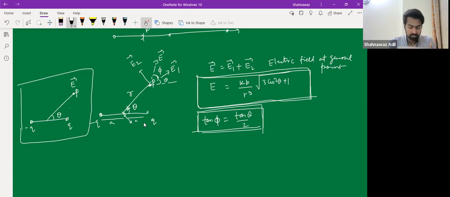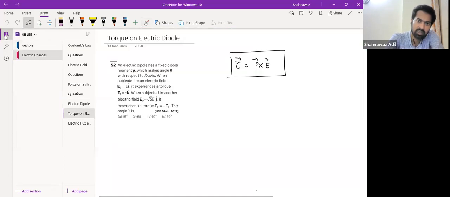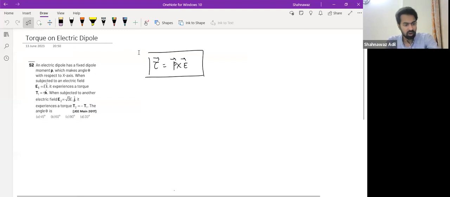So this was the electric field at the general point. Now, this was another question that we were doing: torque on an electric dipole.